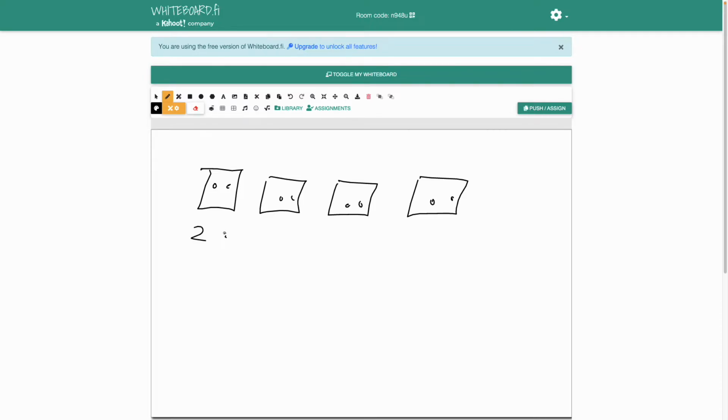What will you put in between? Plus. Well done. 2 plus 2 plus 2 plus 2. Can you give me a quick answer? 2 plus 2 plus 2 plus 2 is what? Okay, great. Fine.